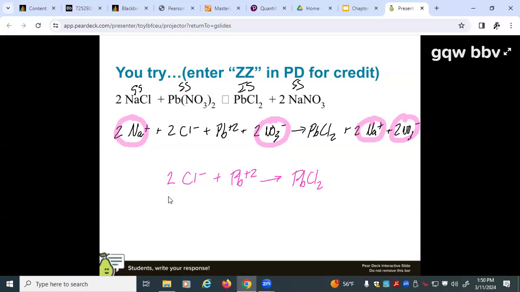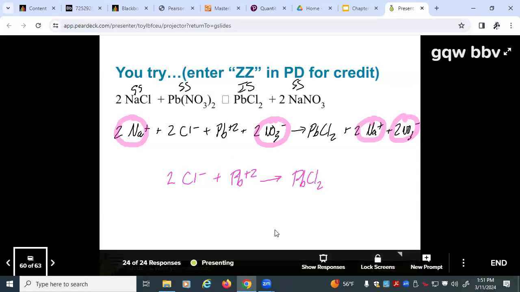So if you're going through this tomorrow night, have that open somewhere so that you can access it and know exactly what's soluble and exactly what's not soluble. Once you did that, you needed to break it apart. The lead chloride was the thing that was insoluble, the thing that needed to stay together. That's what led you to this net ionic equation here.